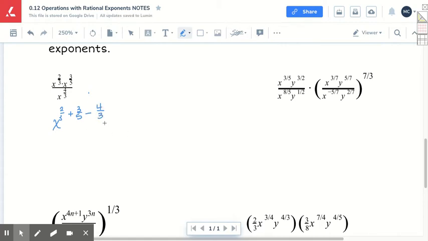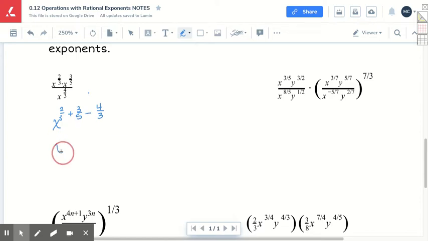So with this, I can then combine my like terms. One thing I notice is that I've got two fractions here. First of all, we're doing addition and subtraction, which means we do have to have common denominators. But I do notice that the first fraction and the last fraction already have the same denominator.